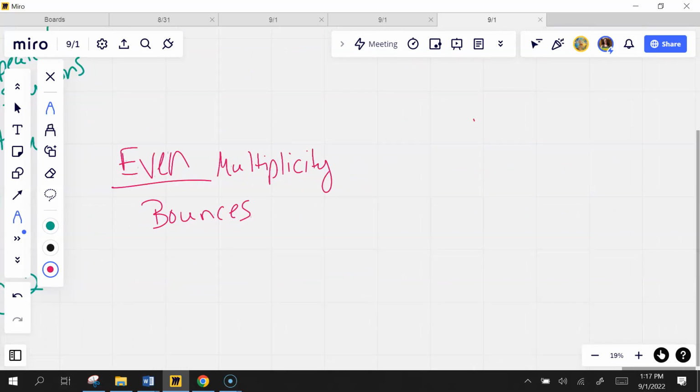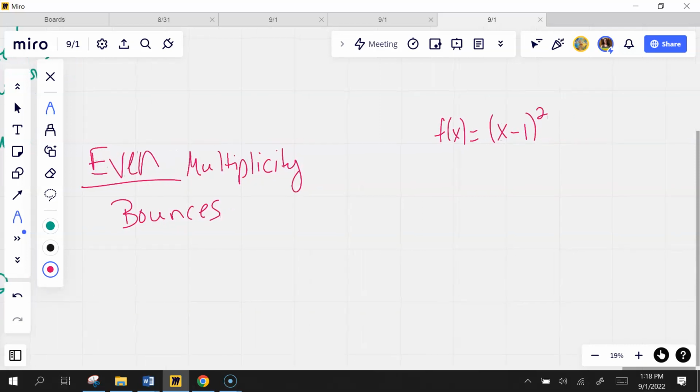So if I had, for example, f of x equals x minus 1 squared. The 0 here is 1. Do you agree? X equals 1 is a solution. Its multiplicity is what? 2.